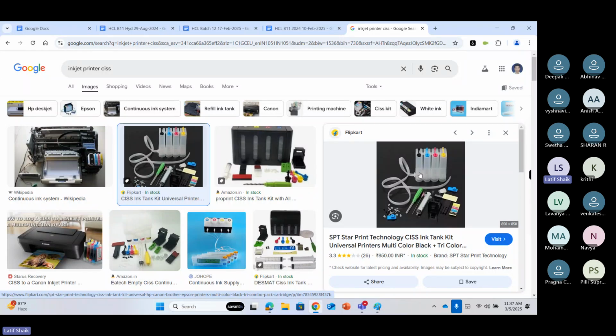You can attach this to a regular printer, so you can make it an ink tank printer itself.